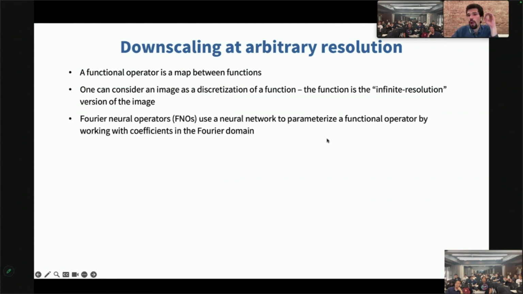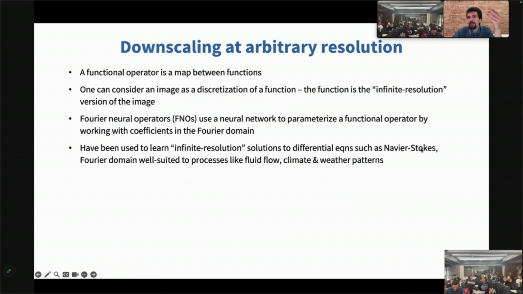Now, a Fourier neural operator is a way to use a neural network to parameterize a functional operator by working with coefficients in the Fourier domain. Basically, that just means they can learn a map between functions, and they do it with Fourier coefficients instead of with normal coefficients. Fourier coefficients are useful if you're working with anything that's sort of like signal processing-y or differential equations-y.